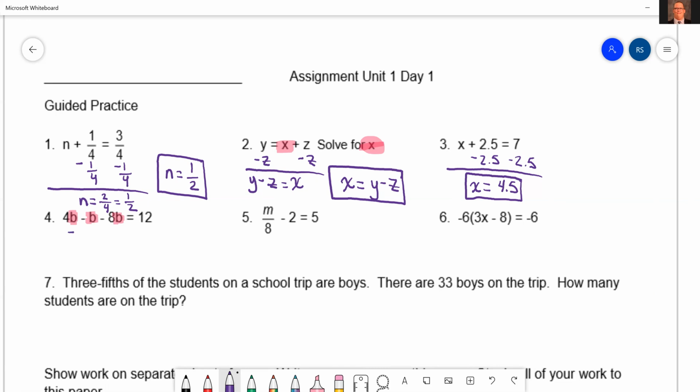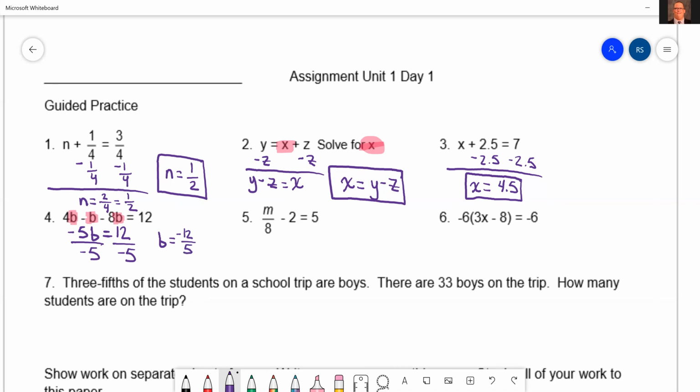It'll be negative 5B equals 12. Okay, so we need to get B by itself, so let's divide by negative 5. That's going to give us B equals negative 12 over 5.